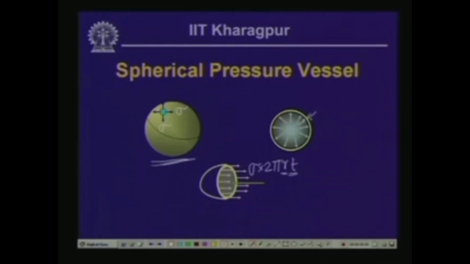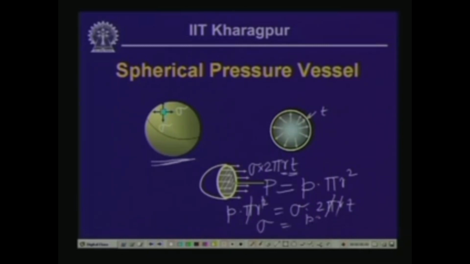The force exerted by the content inside the container is the pressure P times pi r square, and when we equate these two we get the value of the stress. This gives sigma equals P r by 2t, which we evaluated last time. This is the amount of stress.